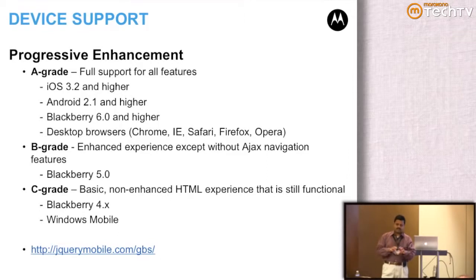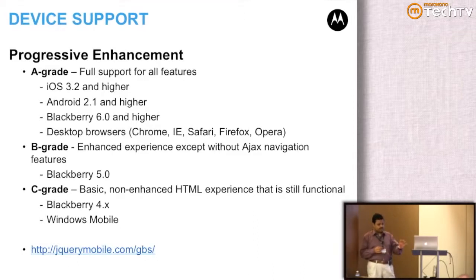Whereas, if you run the same application on a very high end device, not only does it support the functional aspects of your application, but also all of the fancier things like animations, transitions, AJAX calls, things like that. So, that is essentially what progressive enhancement is.